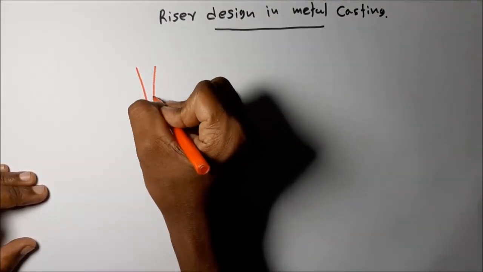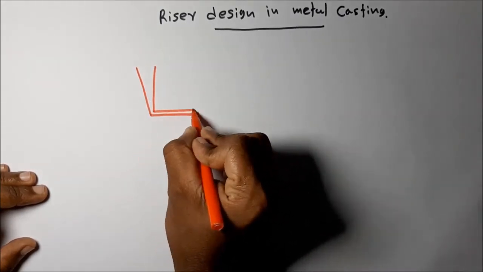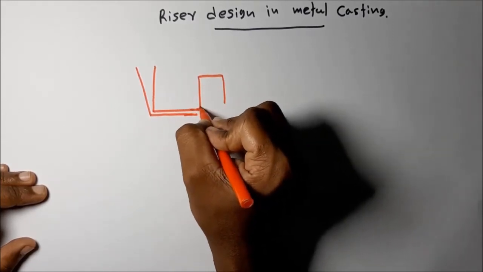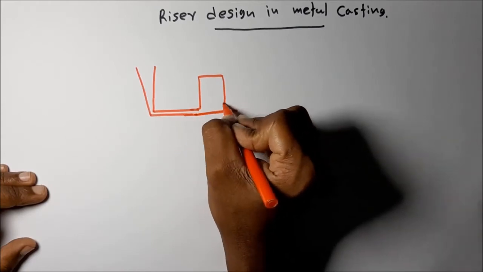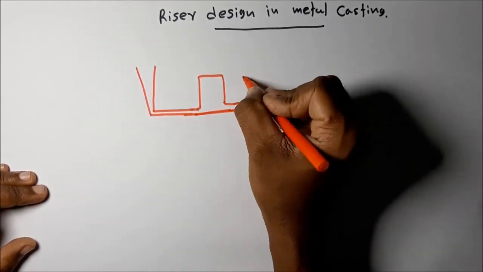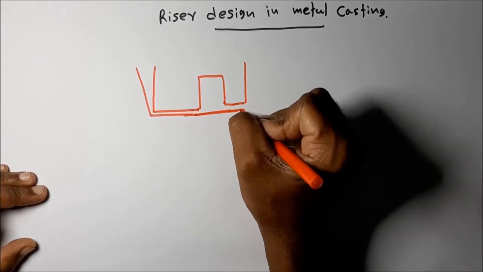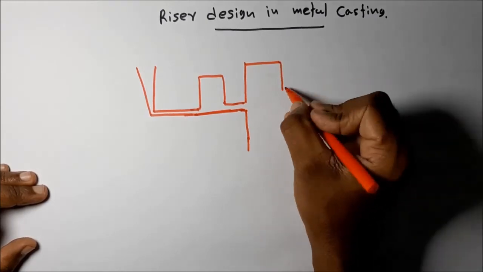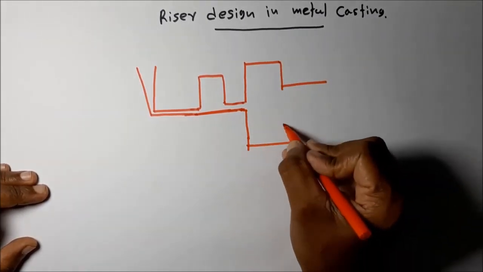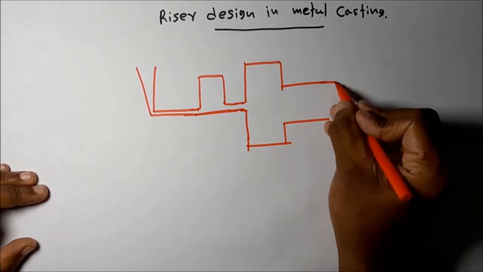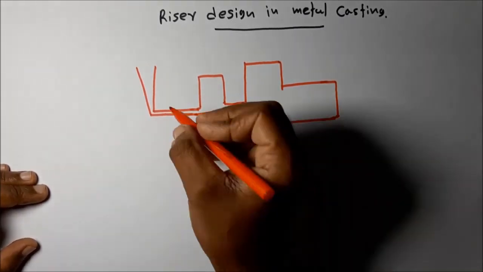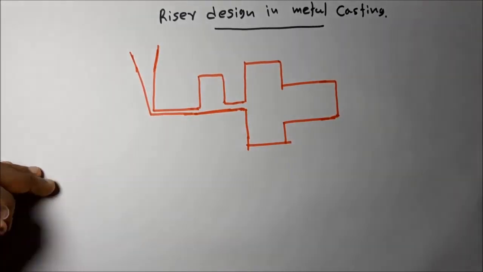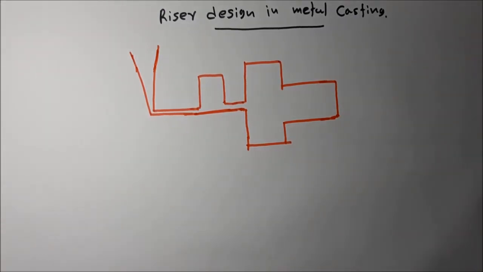Let's take this is the sprue. Then this is the main runner. Then it enters the risers, which are a molten metal reservoir. Then this is the casting. This is the cavity area, the product cavity area. Then this is the mold.